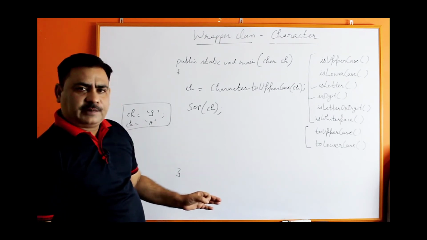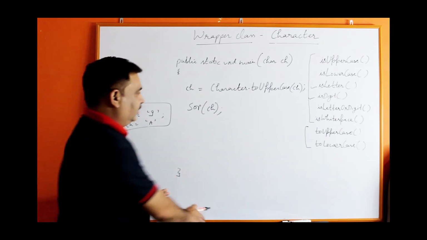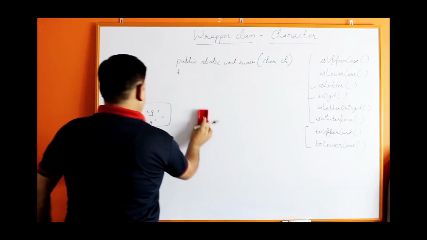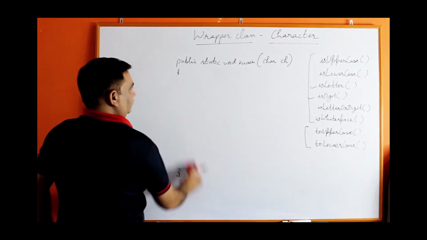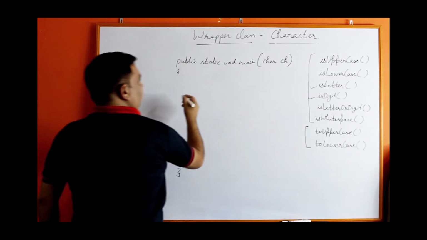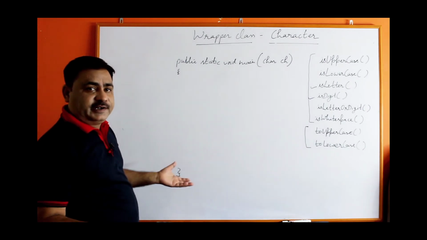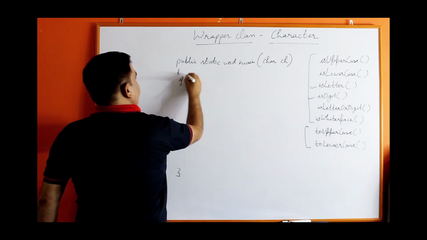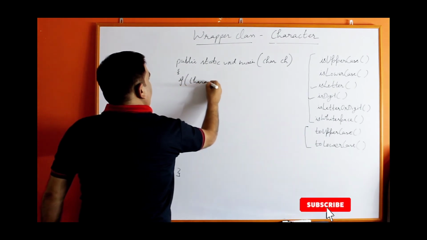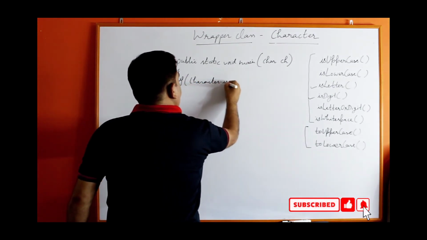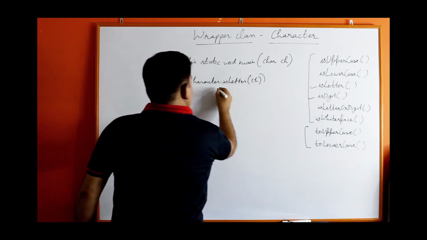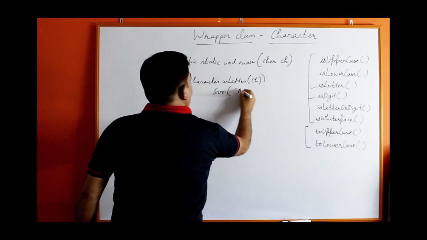Through a small segment of program, I am going to explain this program. Character ch we have input. Now we have to check what type of character it is. It should be printed here. If Character.isLetter, and you can print here it is an alphabet.